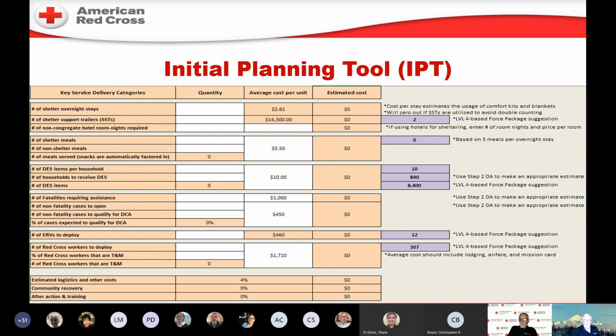Caseworkers, Red Cross workers to deploy. How many people do you feel you are going to have to bring in, and how many of those are going to be on TNM? How much?